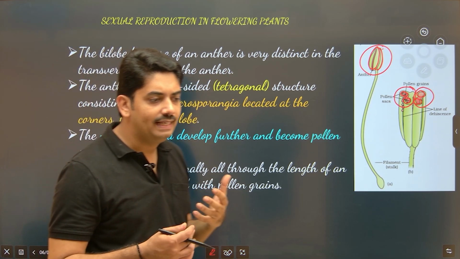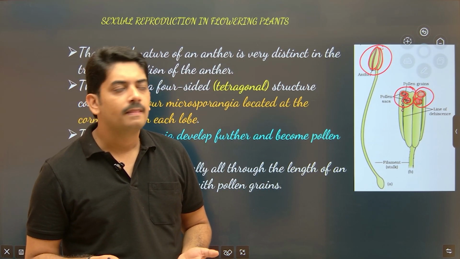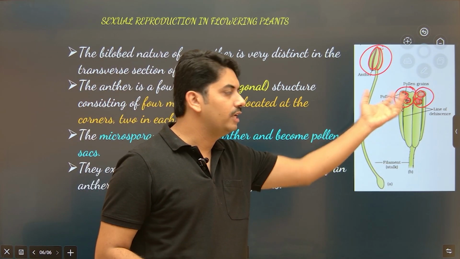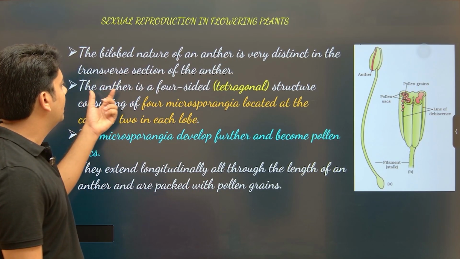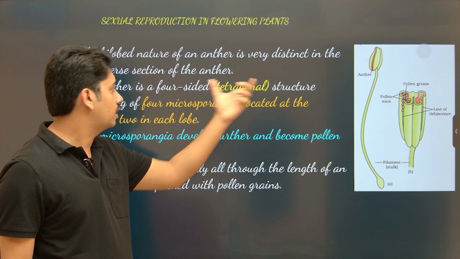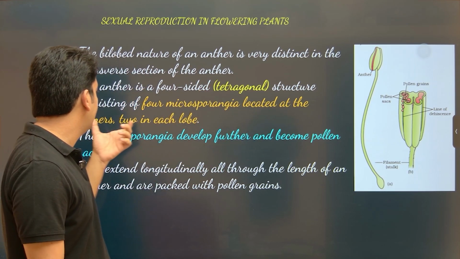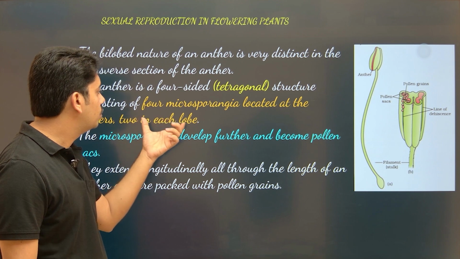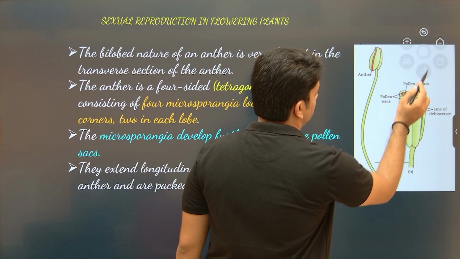So only when we take the transverse section and observe it under the dissection microscope, we get to know the bilobed condition. Okay, clearly. Now, the anther is a 4-sided structure consisting of 4 microsporangia located at the corners, 2 in each lobe. Here we can clearly observe the microsporangia.